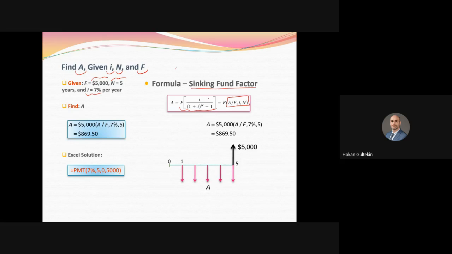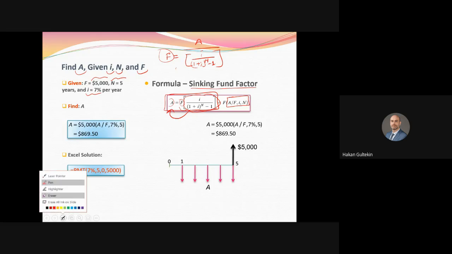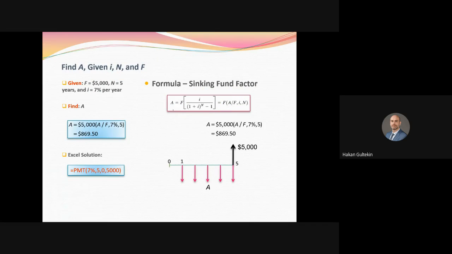By the way, whenever you have this formula, you can use it to find A, but if you want to find the value of F, simply you can move this to this side, and A divided by i, times (1 plus i) to the power n minus 1, and this will be the formula to find F. This is simple mathematics, don't be confused. Everything that you can do with mathematics, you can do with this formula.